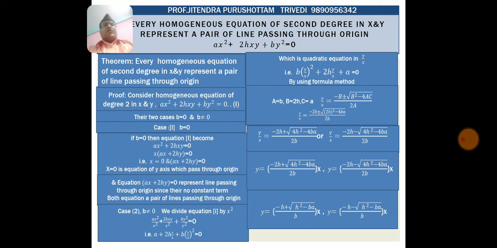These are also two equations, and these two equations do not contain any constant term. Therefore we can say that these lines are passing through origin, and hence both equations represent a pair of straight lines passing through origin.